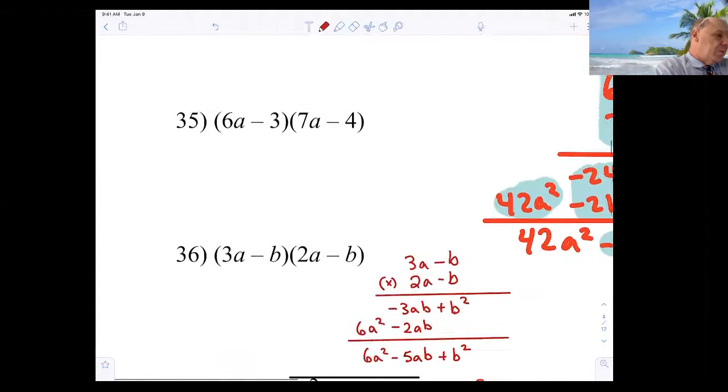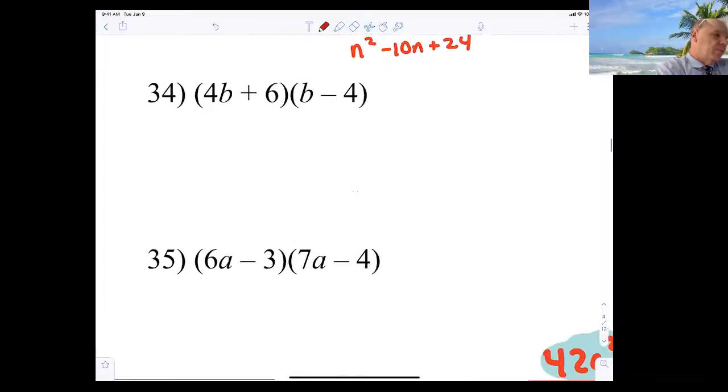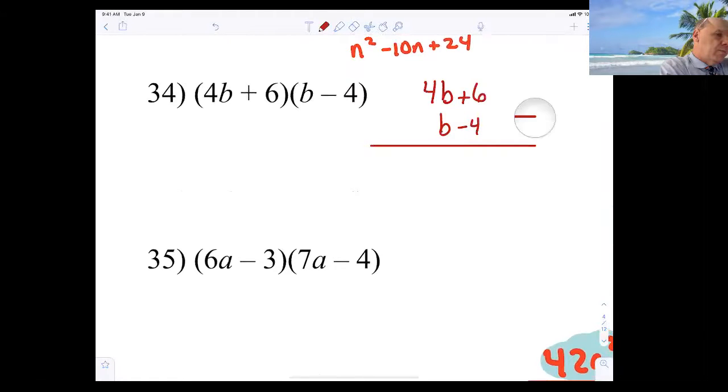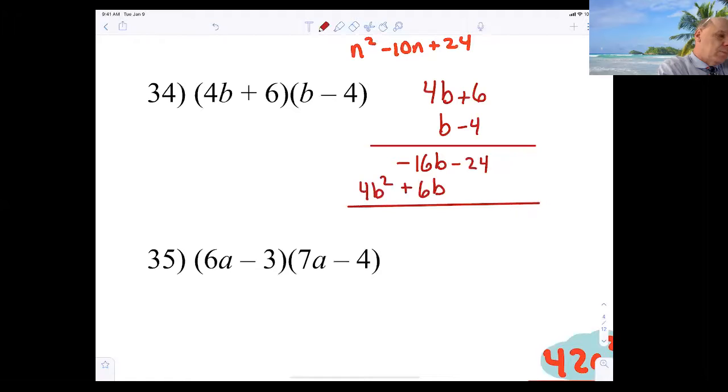All right, let's go. 34. 4b squared minus 10b minus 24.